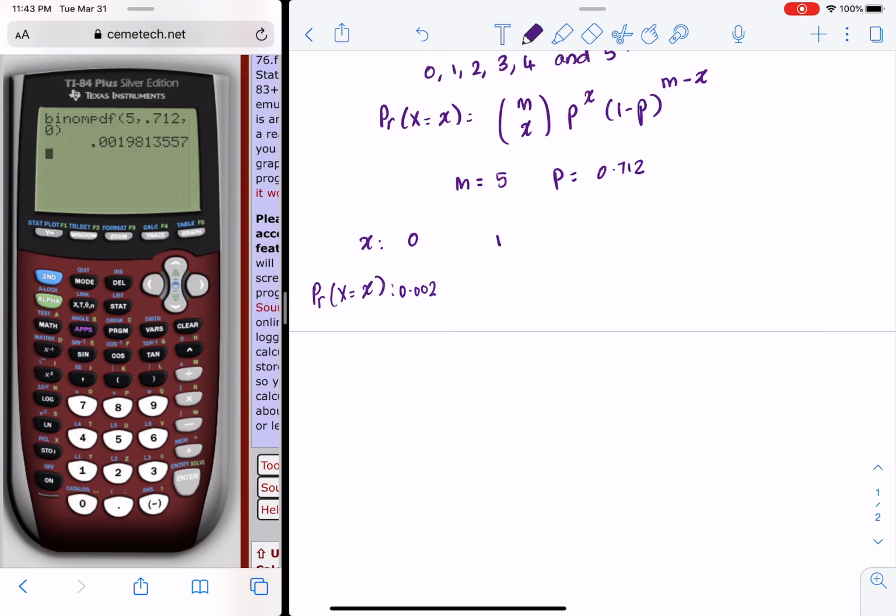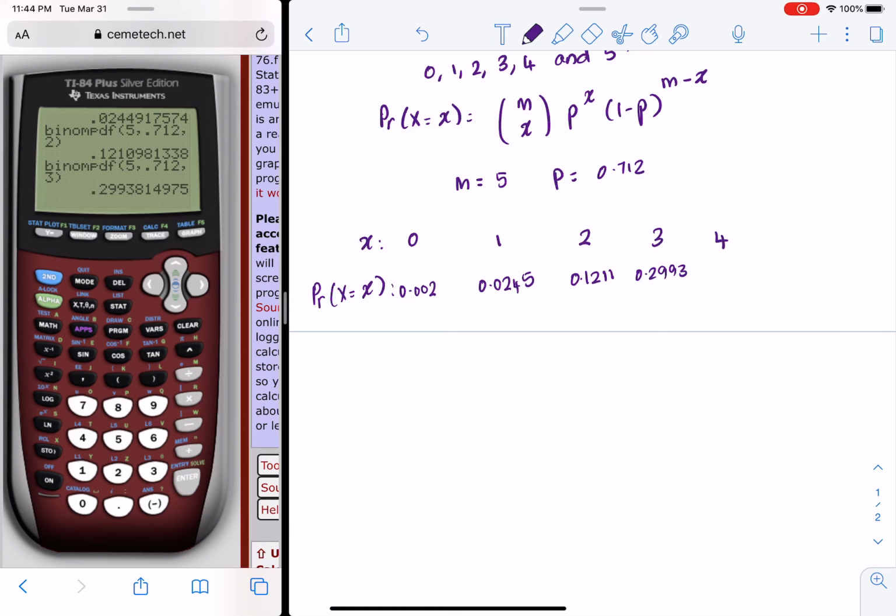Let's find the probability of 1. And that is 0.0245. The probability of 2 is 0.1211. The probability of 3 is 0.2933.